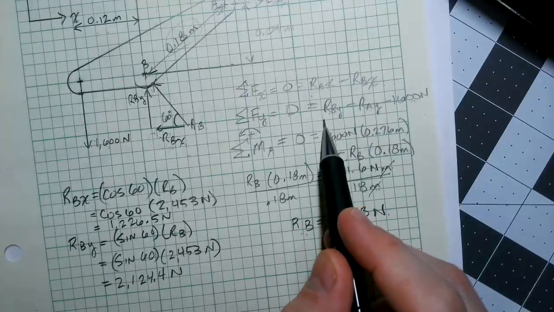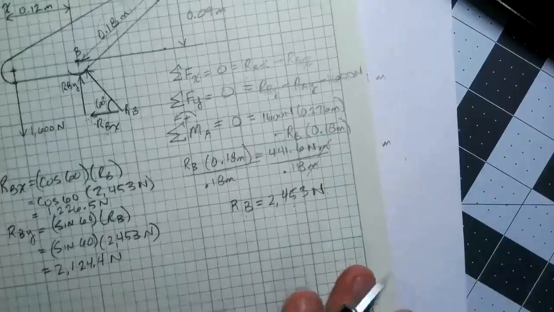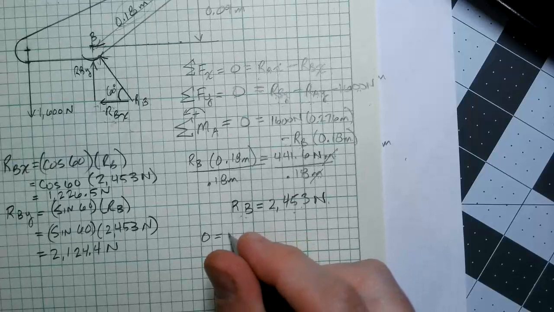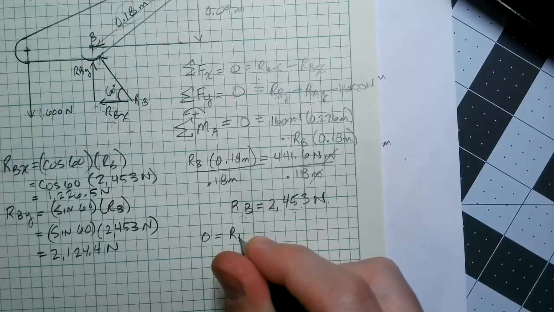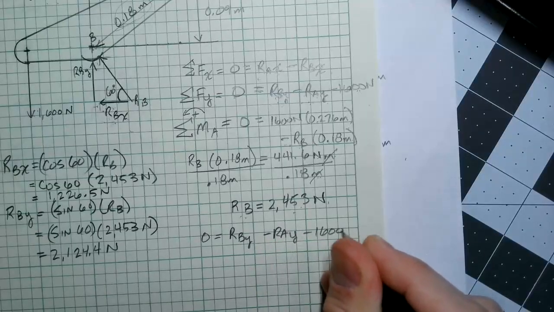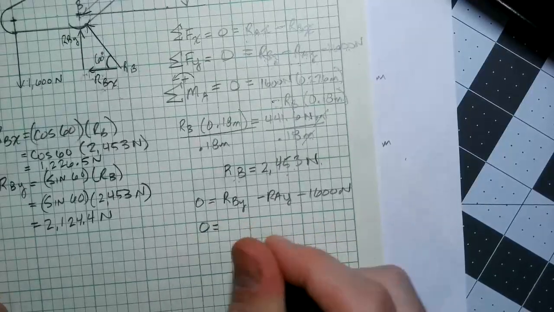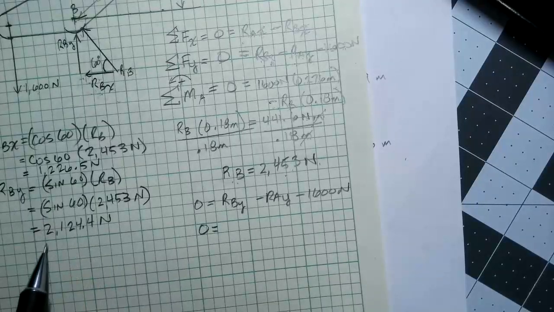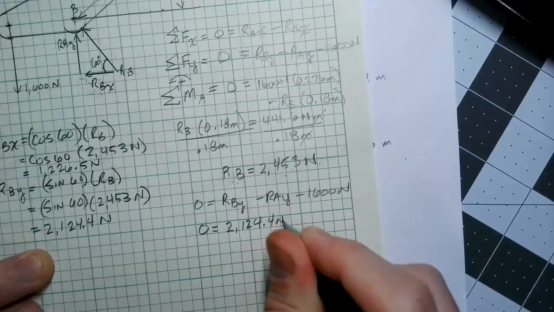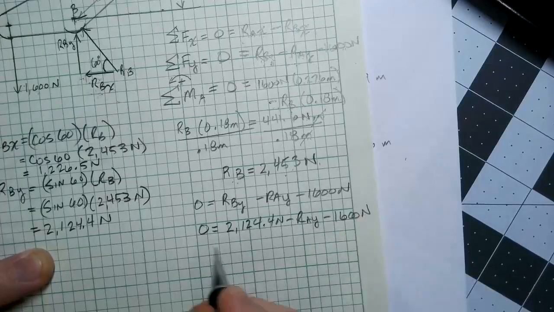Okay, now we can go back and solve the sum of the forces in the y to find RAY. So 0 equals RBY minus RAY minus 1600 newtons. Therefore, we can plug in 0 equals, we now know RBY is 2,124.4 newtons minus RAY minus 1600 newtons.